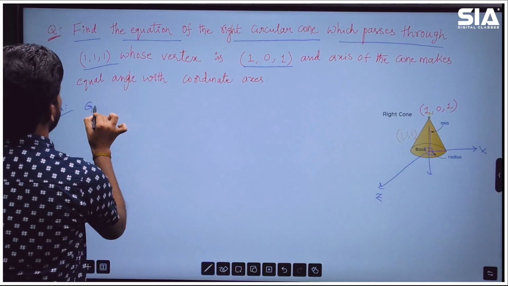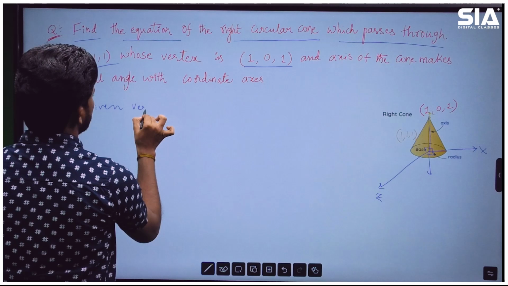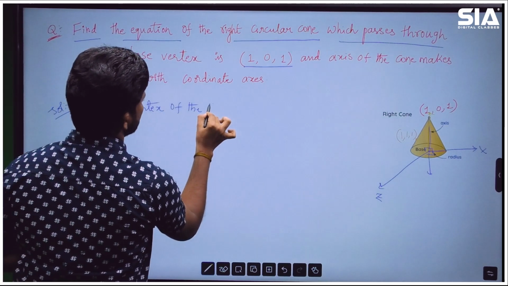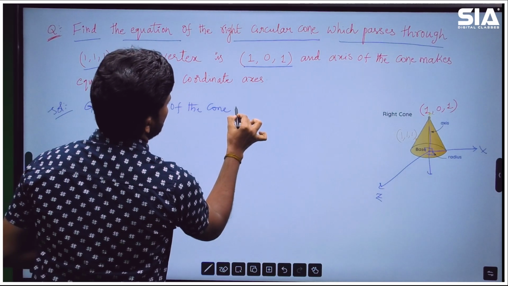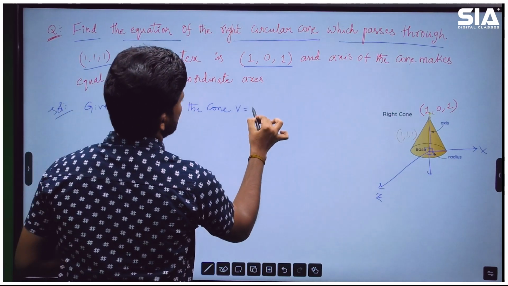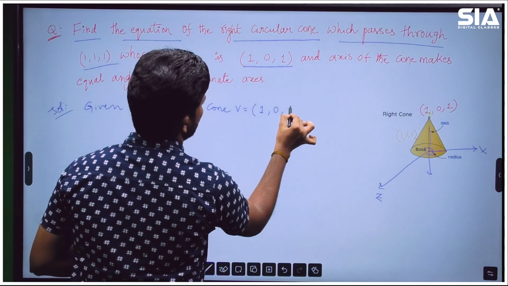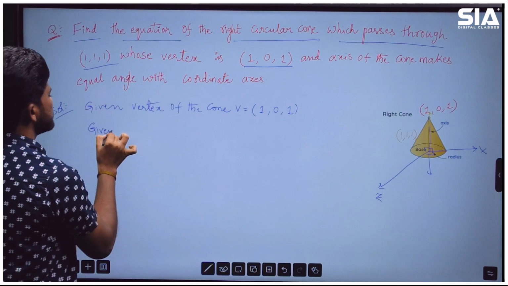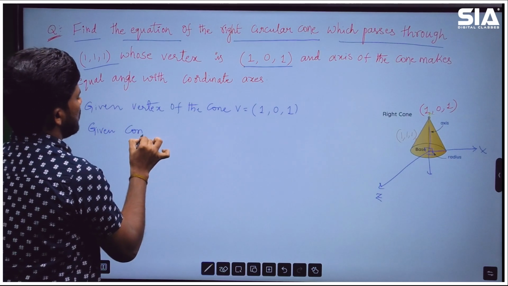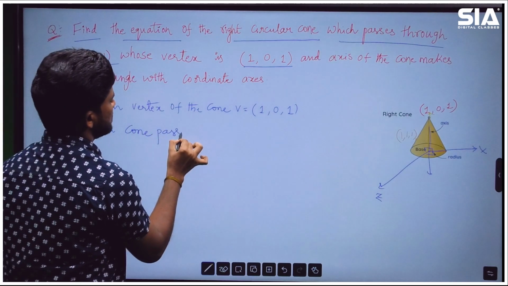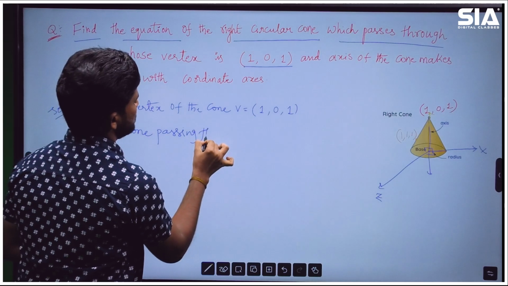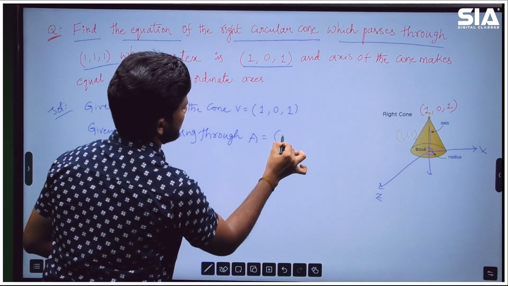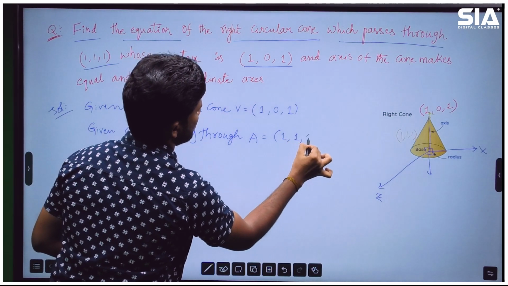First of all, I am writing the given vertex of the cone. Vertex of the cone we can take as capital V = (1, 0, 1), and the given cone is passing through one point, that point we are taking as capital A = (1, 1, 1).